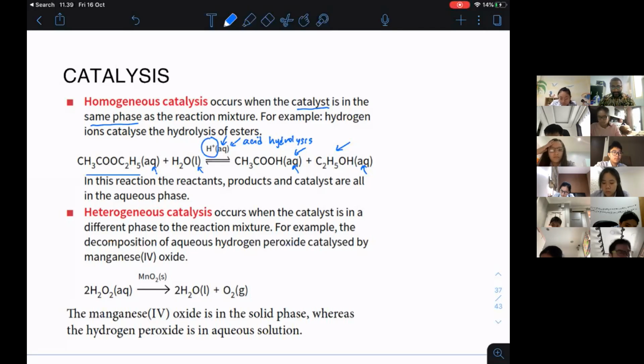Now, a heterogeneous catalyst is when the catalyst is in a different phase.